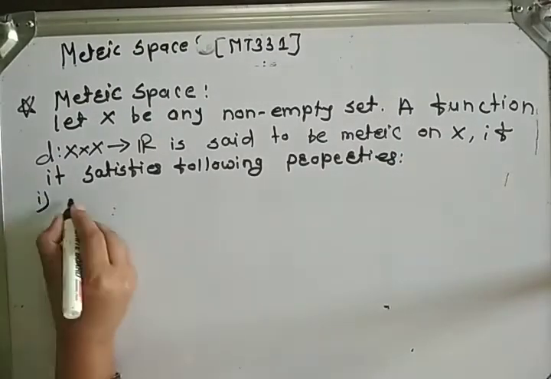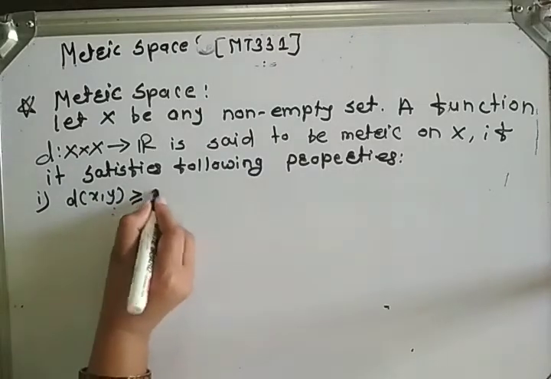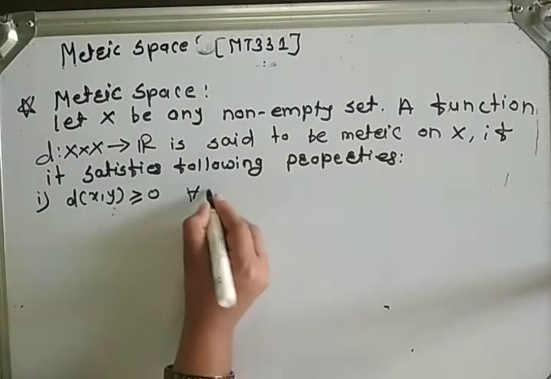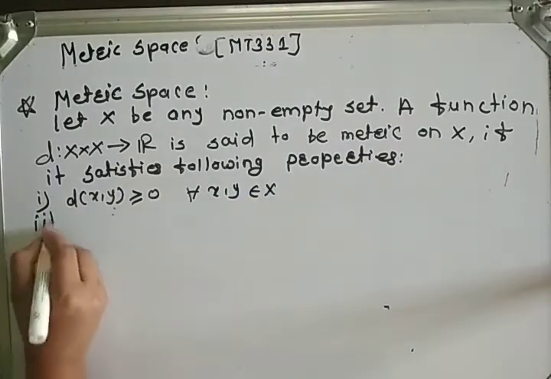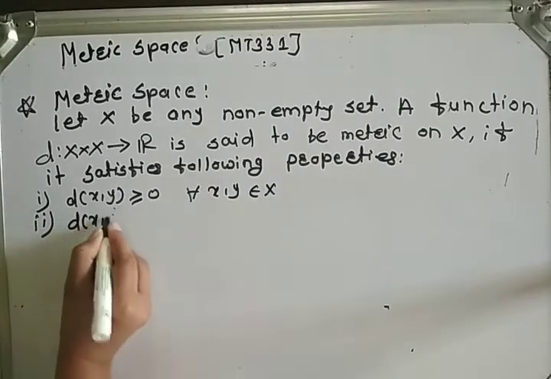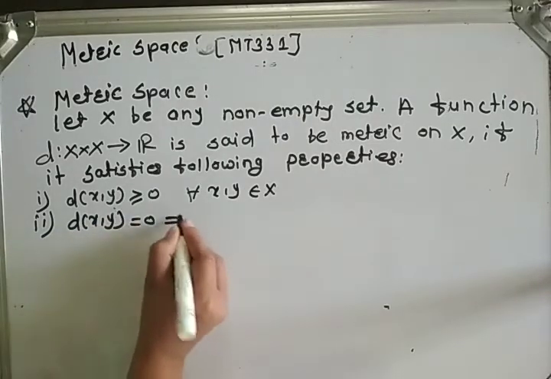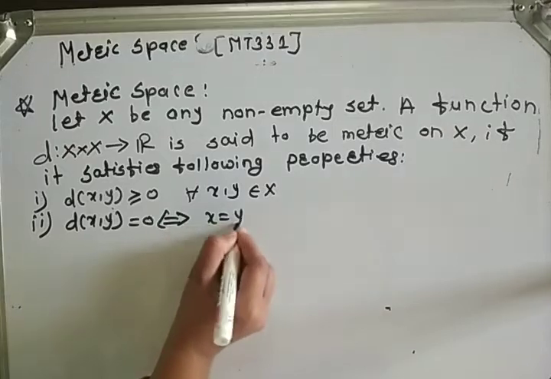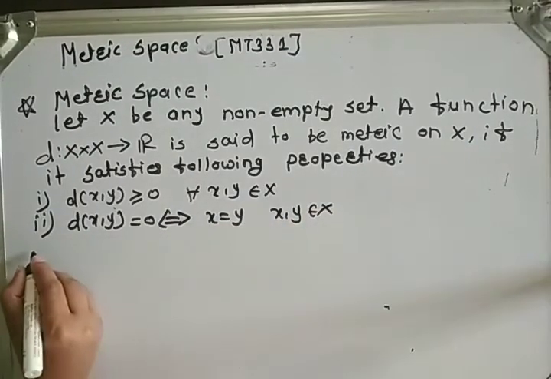The first one is d of x comma y is greater than or equal to 0 for all x comma y belonging to capital X. The second one is d of x comma y is equal to 0 if and only if x is equal to y.